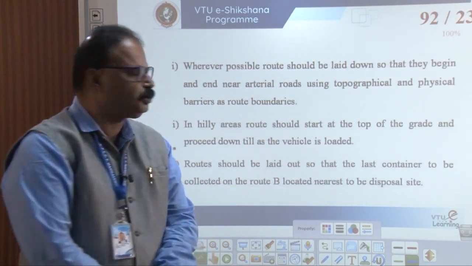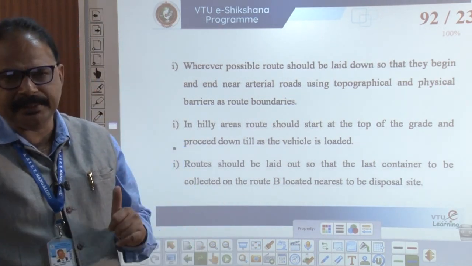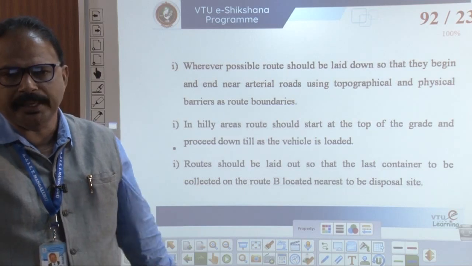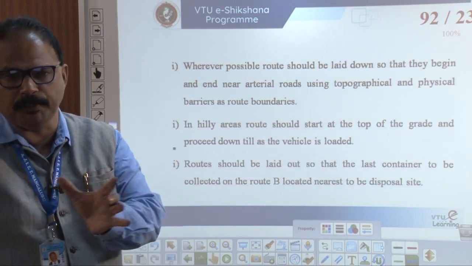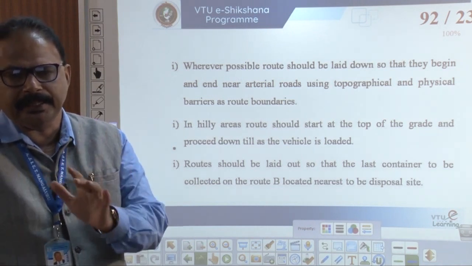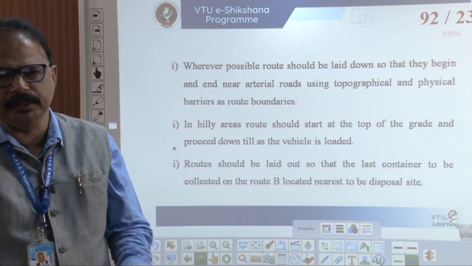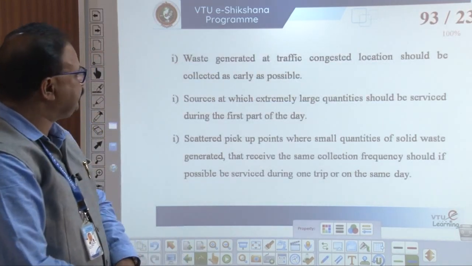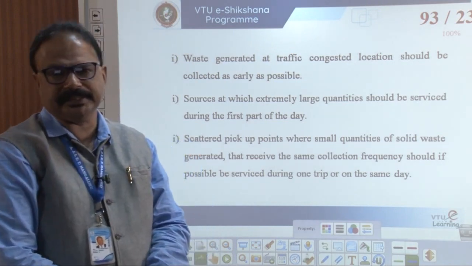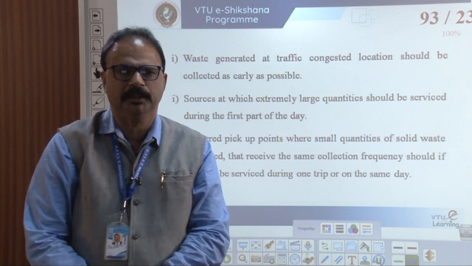Whenever possible, routes should begin and end near arterial roads, using topographical and physical barriers as route boundaries. Already I explained this.